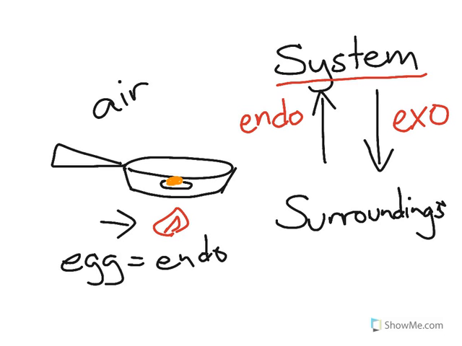And if the fire is the system, then everything else would be surroundings because it's donating energy into the air, into the pan, into the egg, into the handle of the pan, into a hand that grabs the handle of the pan. So again, if the fire is a system, then this is an exothermic reaction.